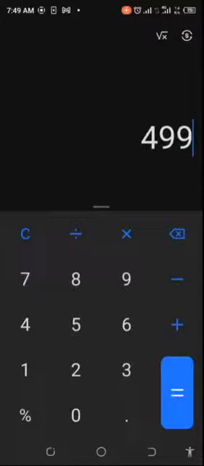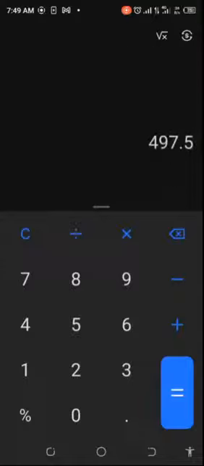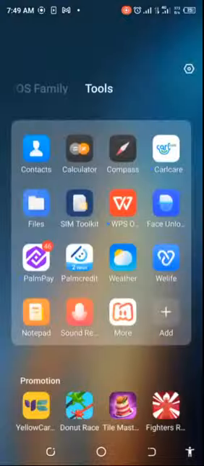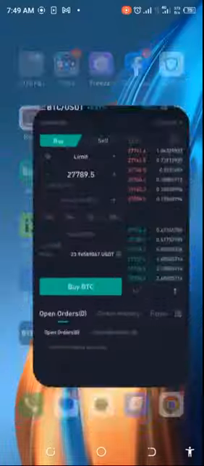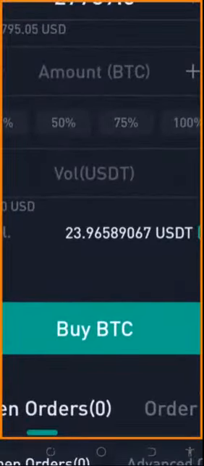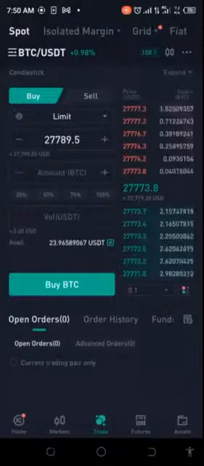I'm just doing this so that you'll see what you will get if you're using a bigger capital. So let's assume what was left is $497.5. Let's multiply by 1.4%. We'll make about $7 on a $500 capital. So that's what I'm trying to bring out to you. Of course, I'm intentionally showing you this with a smaller capital, so that if we can make profit with this amount, obviously making profit with a bigger amount is guaranteed.